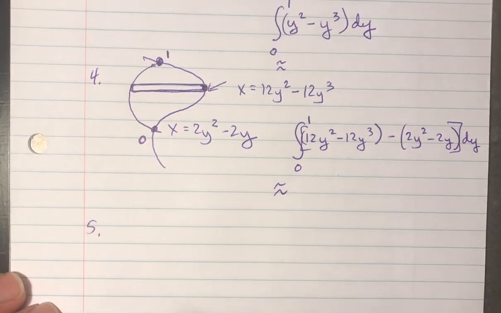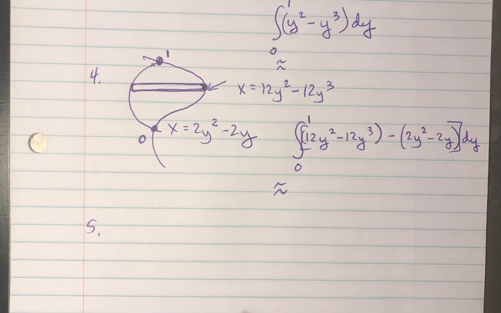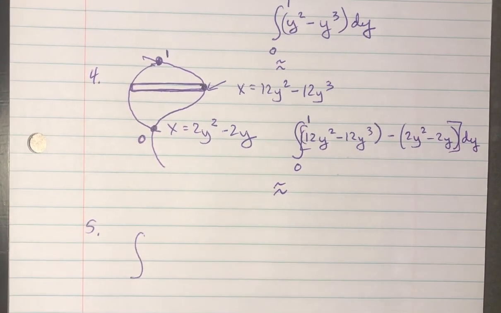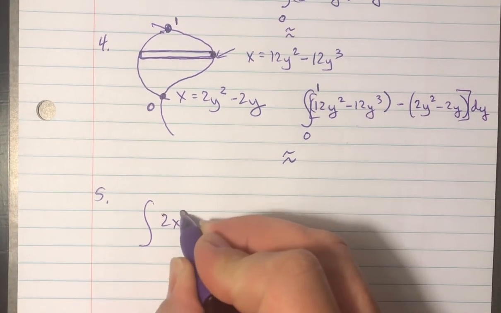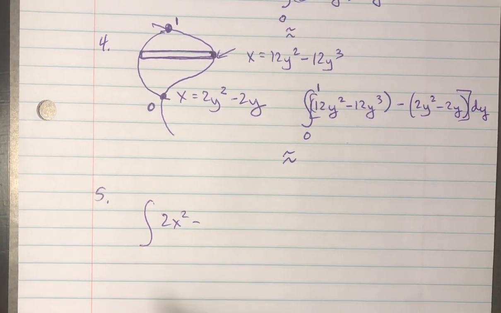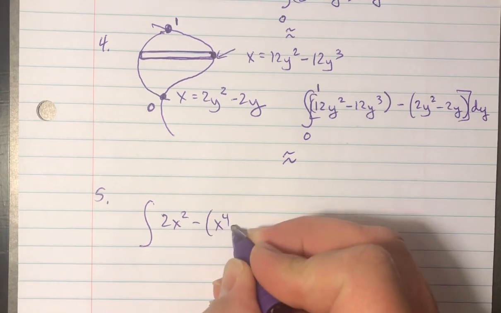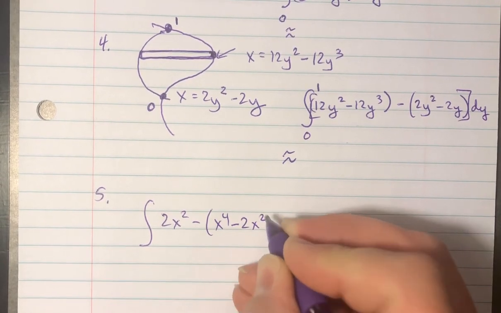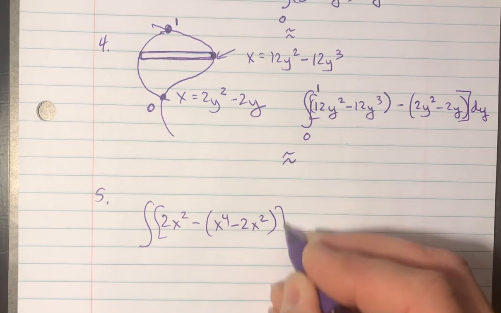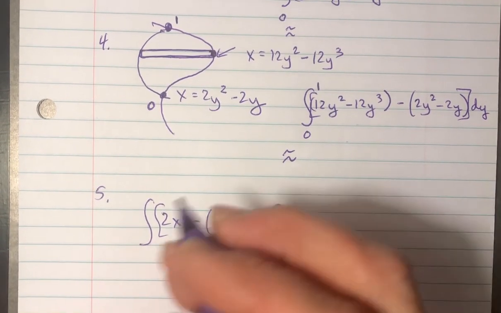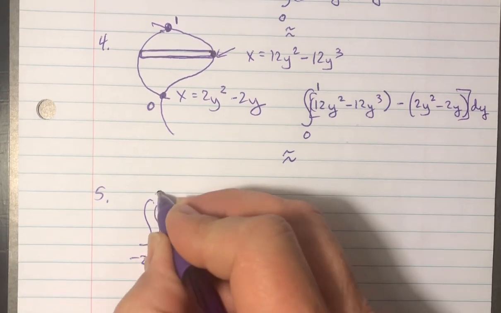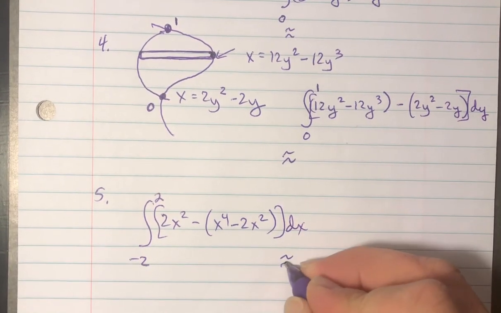Now for number 5, our upper function is 2x squared. Our lower function is x to the 4th minus 2x squared. And then we're going to integrate from -2 to +2.